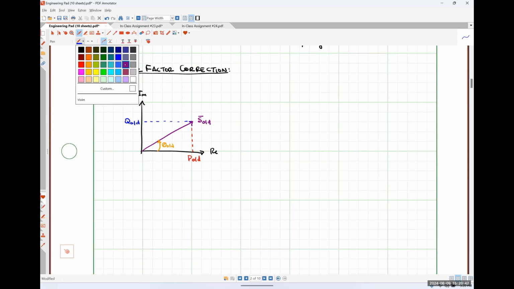So think about it in these terms. Maybe this would be my result after power factor correction. So we'll call this S new. The projection of S new onto the real axis is still P old. The reason we don't want to change P old is because that would effectively be changing our utility bill.